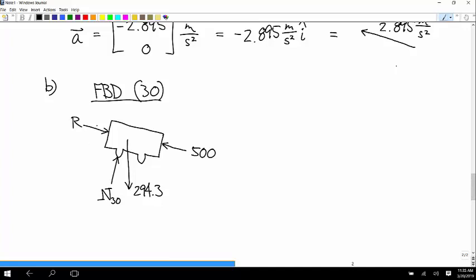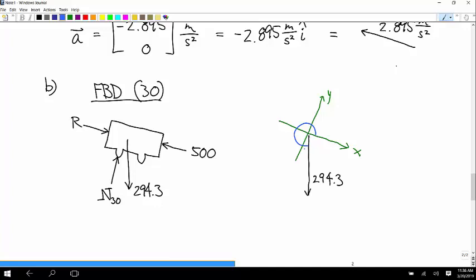The N30, the R, and the 500 are all along axes. So again, the only complicated one is figuring out the components of the weight force. And the angles are all the same. It's just that now the magnitude is 294.3.